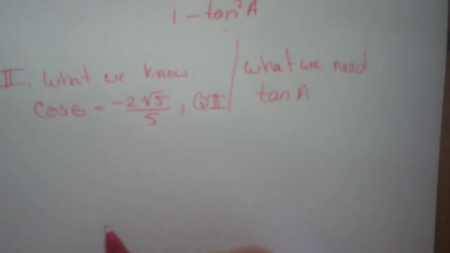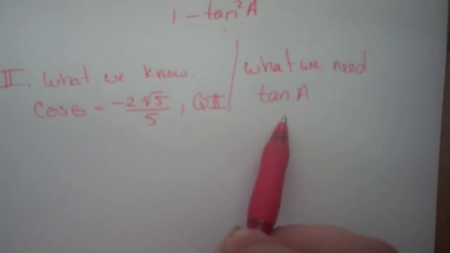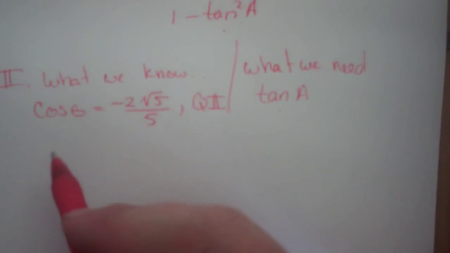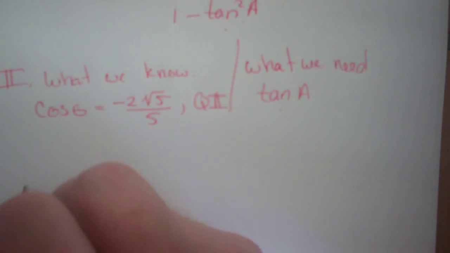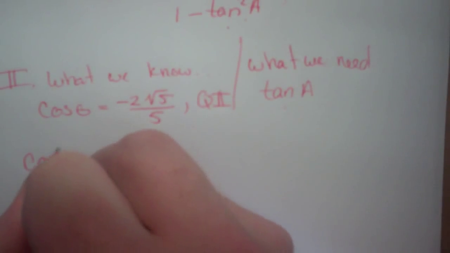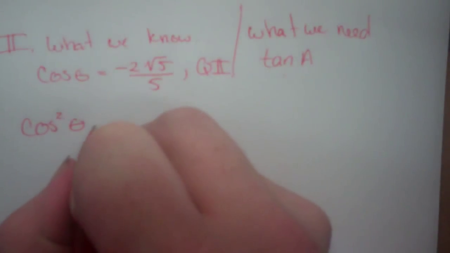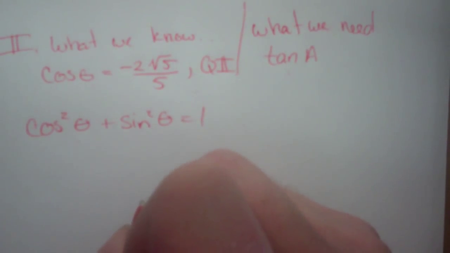So the challenge now is to go from what we know to what we need. And as is often the case, the way you go from what we know to what we need is by using a trigonometric identity. In this case, since I know a cosine, I'm going to use that Pythagorean identity that has a cosine in it. So I'm going to use the one that says that the cosine squared theta plus the sine squared theta is equal to 1.